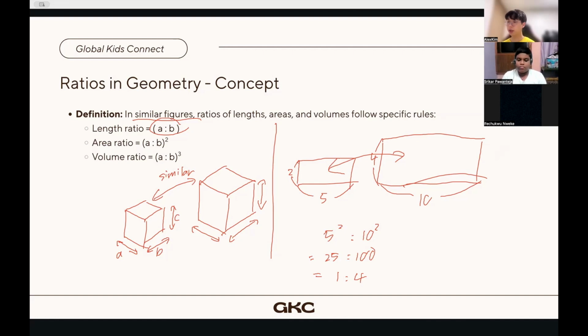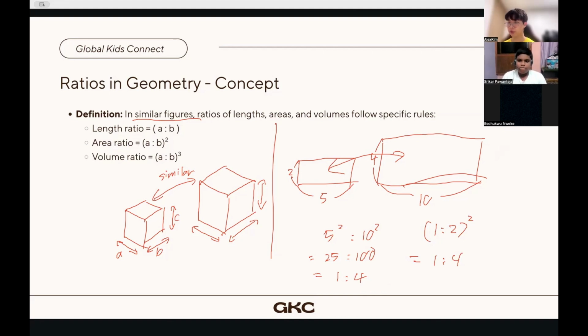But then, as represented in our concept here, the area ratio is just the square of the length ratio. Because we previously saw that the length ratio was 1 to 2, we square each side and we get 1 to 4, which is the area ratio. You can do the same for the volume ratio.